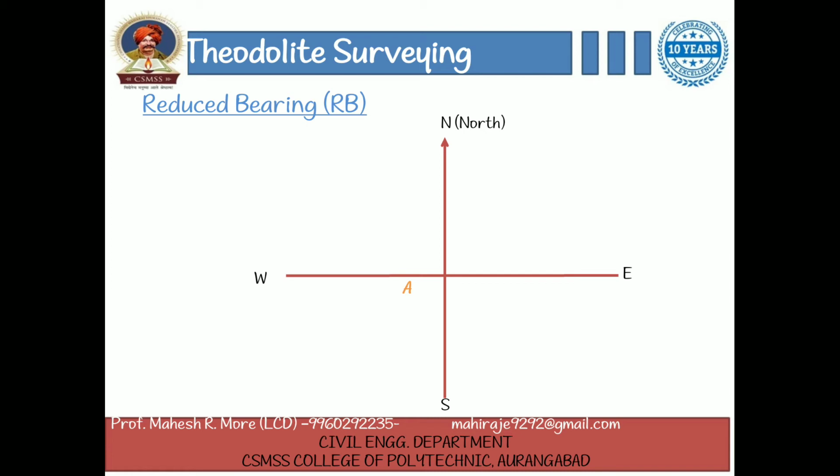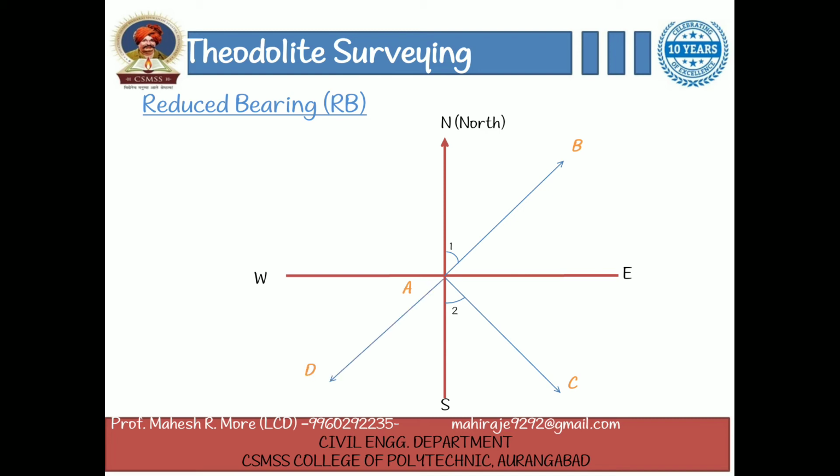Let's see some examples of quadrantal bearing, that means the reduced bearing. If line AB is in the first quadrant, the reduced bearing can be measured in clockwise direction from the north pole. In the second quadrant, the reduced bearing of line AB is measured with respect to south pole in anti-clockwise direction.